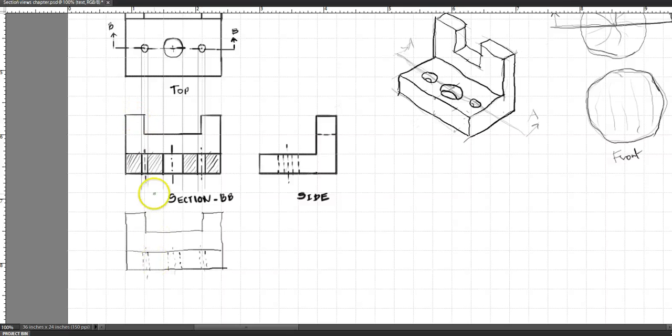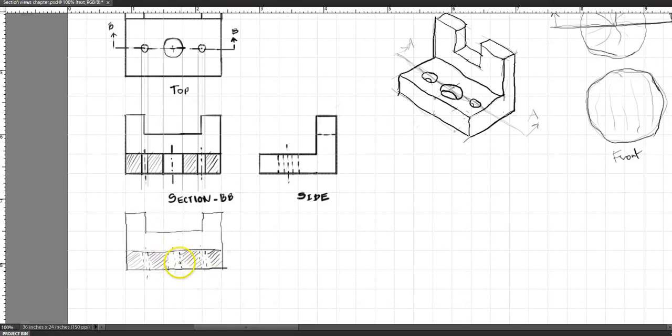And it again is pretty much the same, but I need to hatch wherever I cut through the object. So if you look over here, I'm cutting through the object from here to here, here to here, here to here, and here to here. And once I cut that, I'm just going to hatch it, with hatch lines that show that I'm cutting through the object.